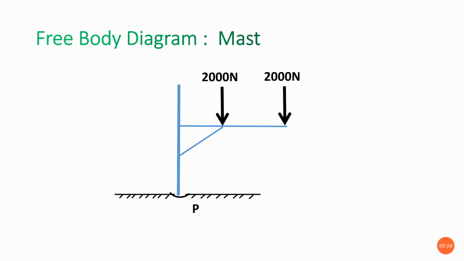So in this case, I am removing the support P and showing the reaction forces. I am assuming one acts in the vertical direction and another in the horizontal direction, that is Rx and Ry. These two forces are acting at point P.